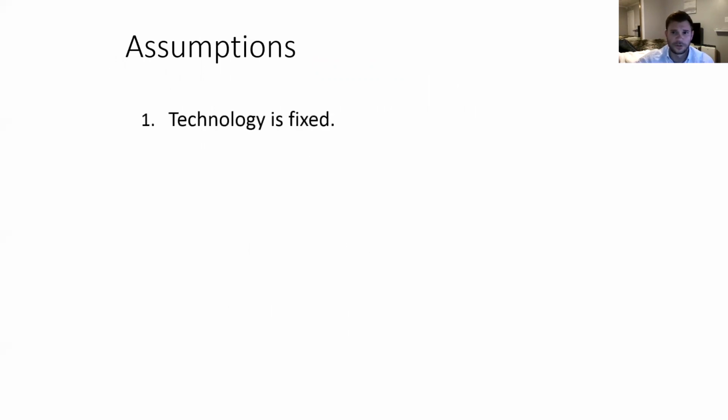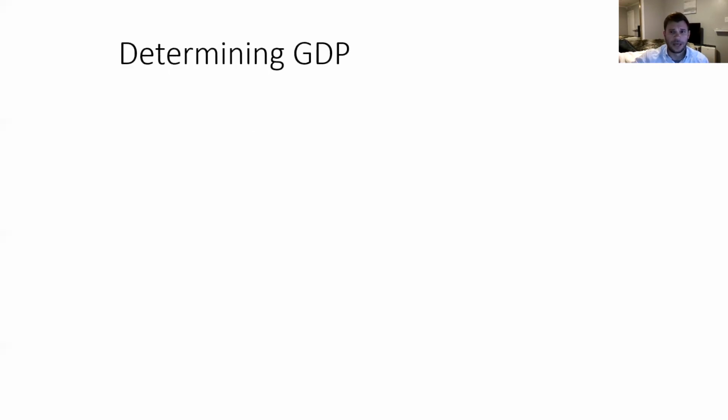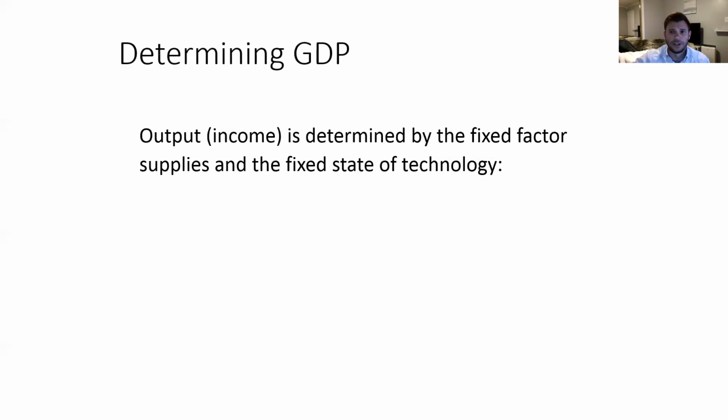We're going to assume here that the technology does not change over time, that the input values are fixed, the economy has access to some fixed supply of capital and labor, and that the economy's ability to transform capital and labor into output is again determined by the technological production function, so that for a given level of K bar and L bar, we're able to produce a given level of income or output.